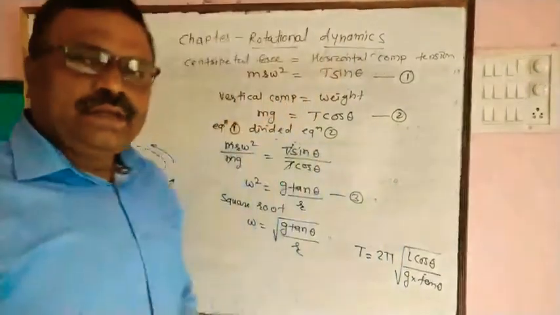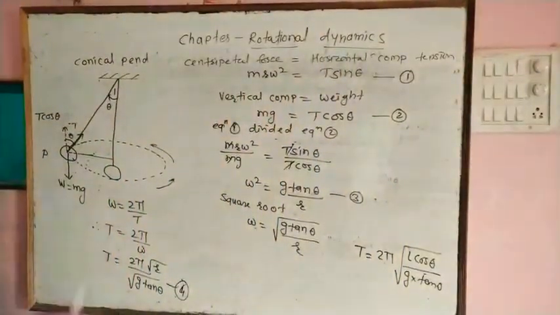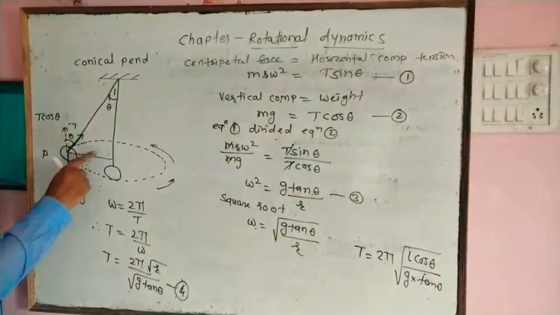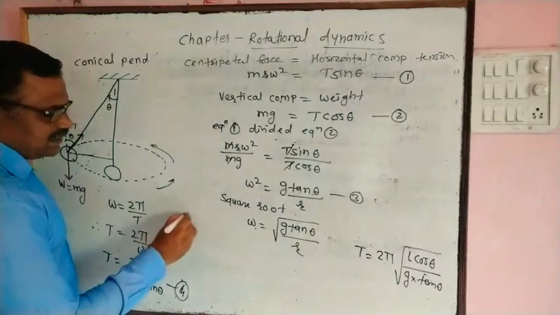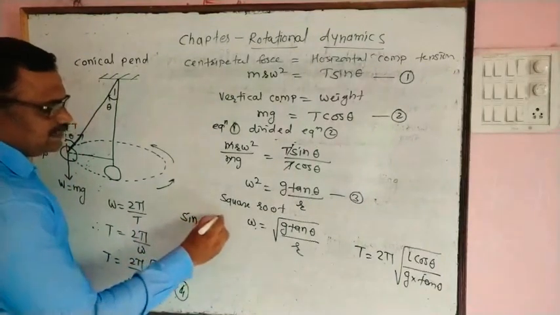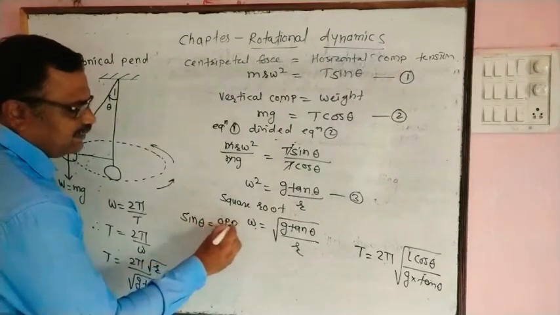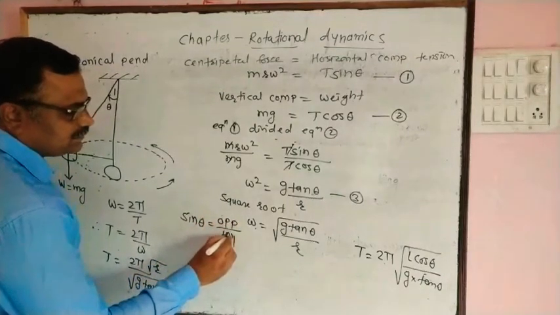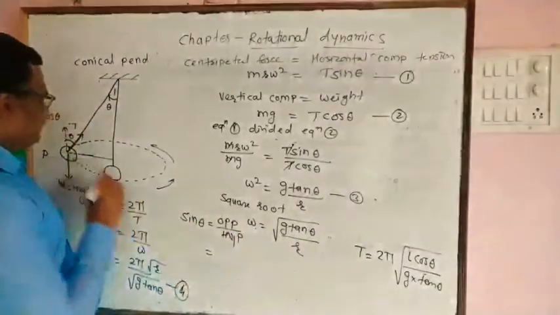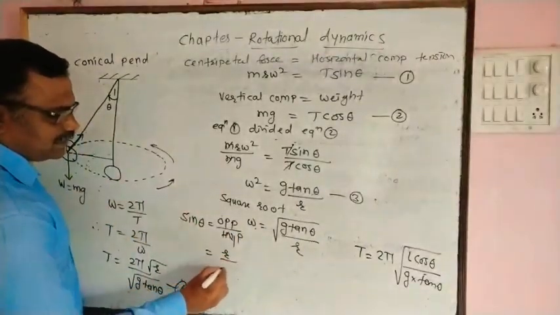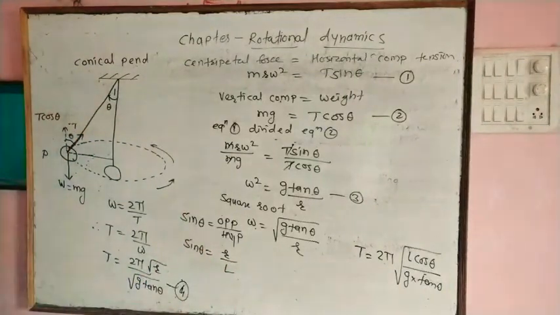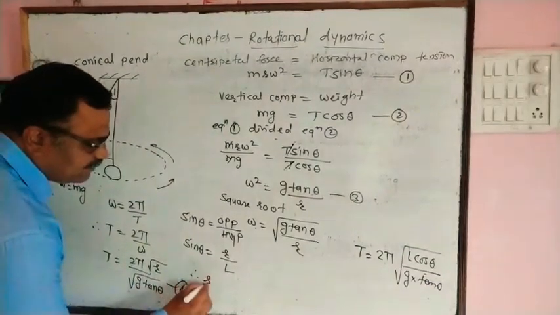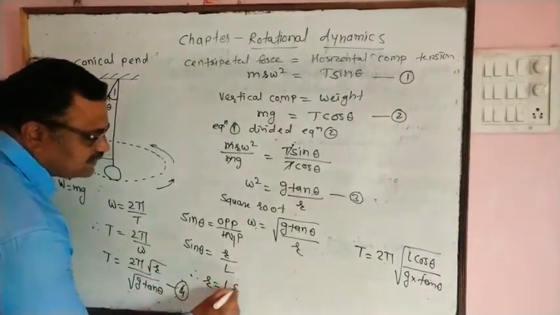Therefore, in the figure we use the relation: sin theta is opposite side upon hypotenuse. Opposite side means radius of circular path upon hypotenuse is equal to sin theta. Hence, radius of circular path is equal to L sin theta.